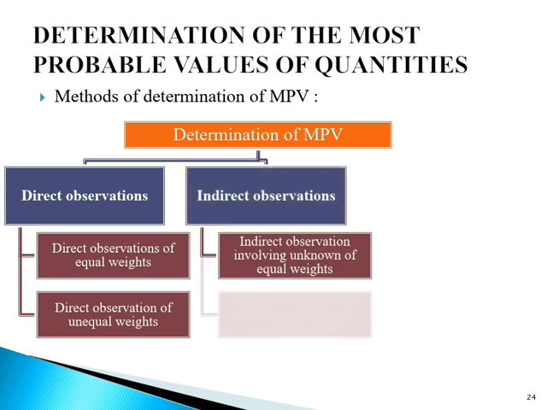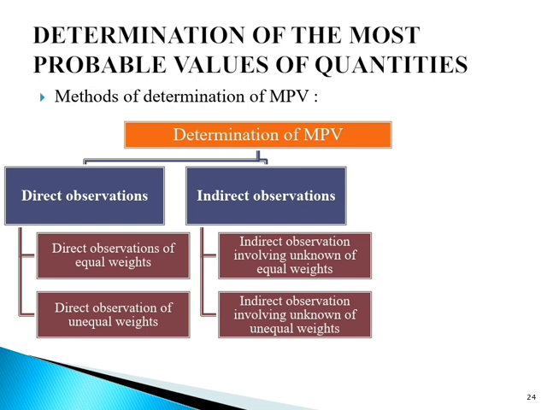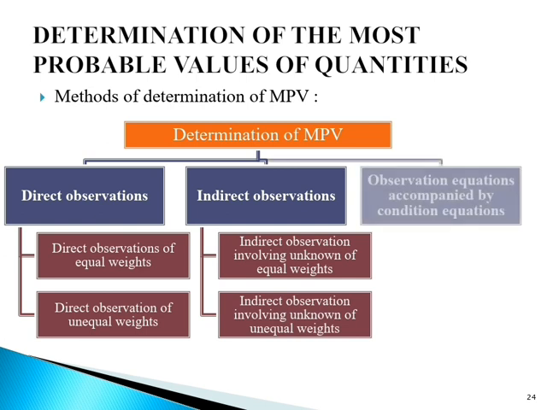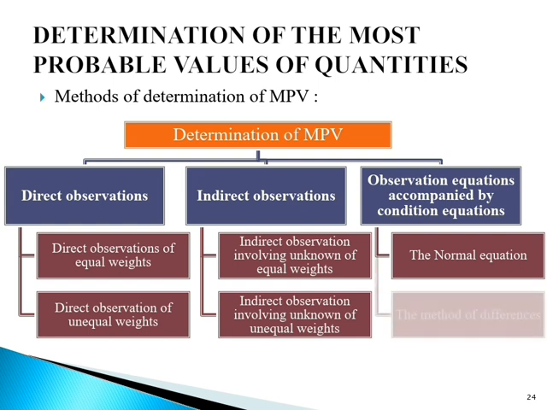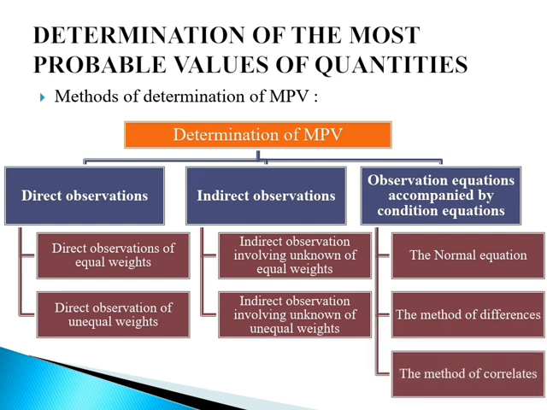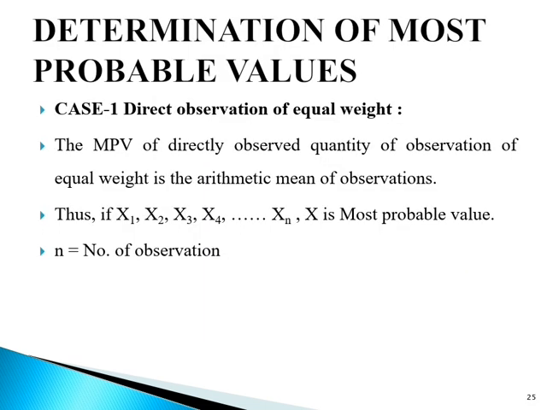It is also divided into two categories: indirect observation involving unknowns of equal weights, and indirect observation involving unknowns of unequal weights. And lastly, observation equations accompanied by condition equations. It is divided into three parts: the normal equation, the method of differences, and the method of correlates. So let us see it in detail.